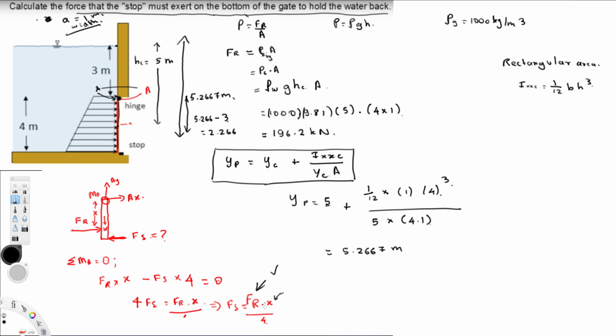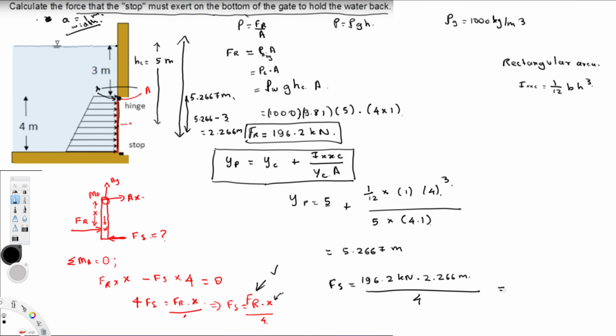Fs is equal to Fr, which we found right here, 196.2 kilonewton, times the distance, 2.2667 meter, divided by 4.